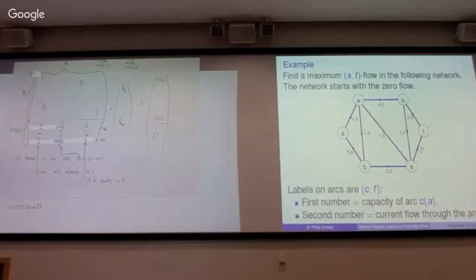There were 3 types of constraints. There weren't just 3 constraints. Number 1 is non-negativity constraints, and there were as many as there are arcs.